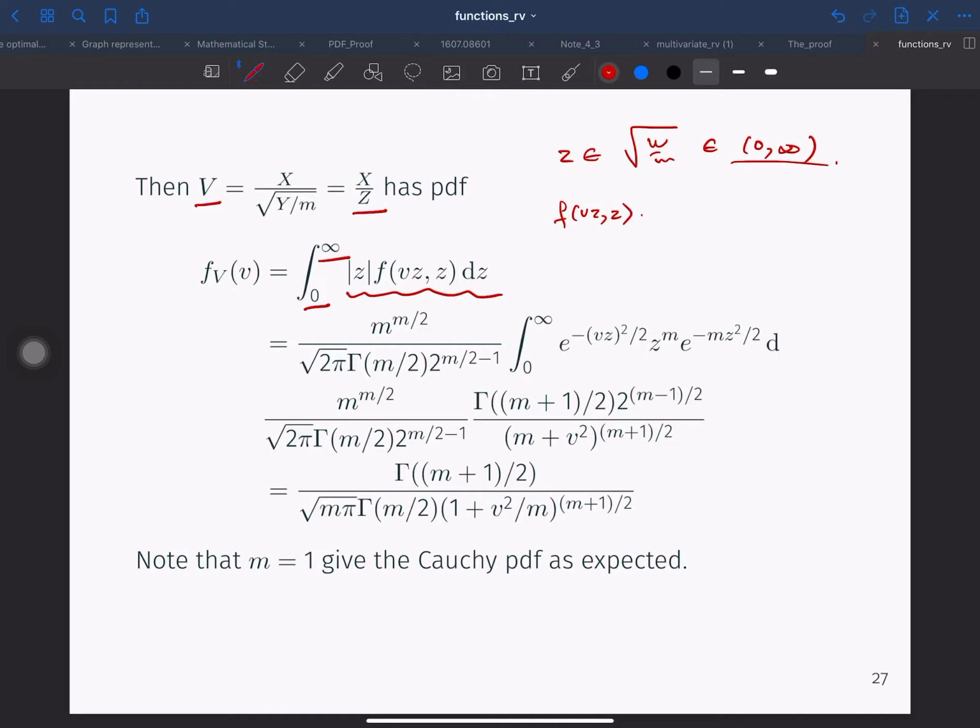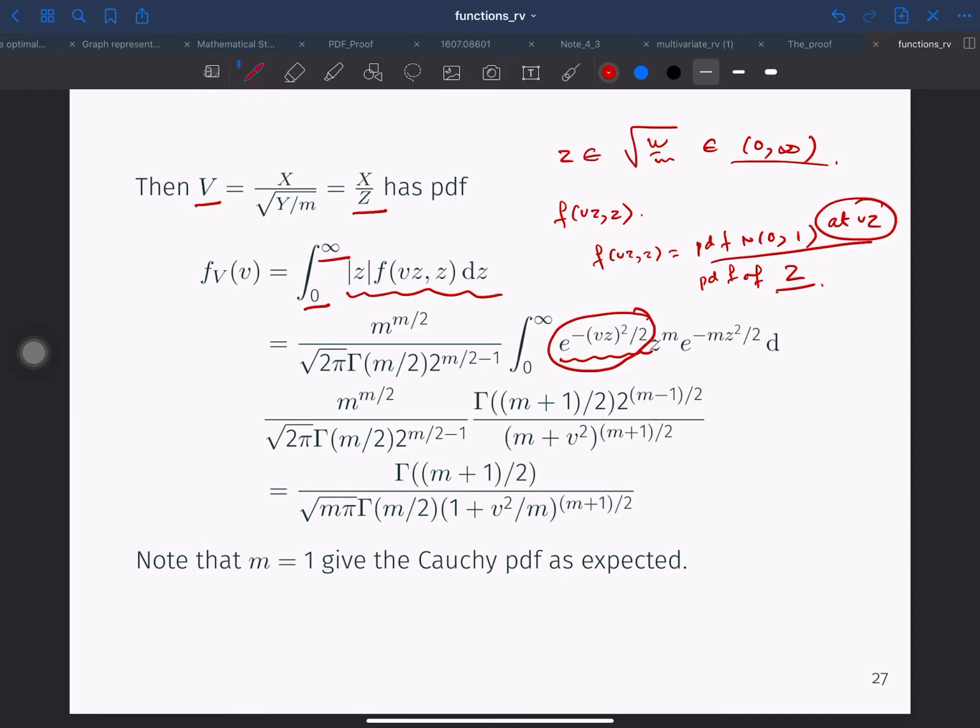It is basically the product of the PDF for a normal 0, 1 evaluated at Vz, times the PDF of this random variable Z, which we saw earlier. The normal PDF evaluated at Vz is e to the minus Vz squared divided by 2.